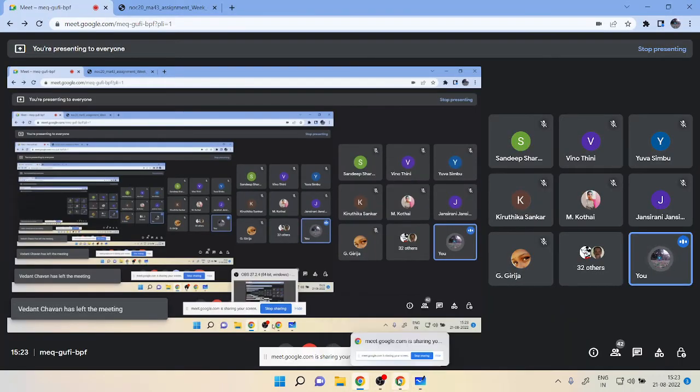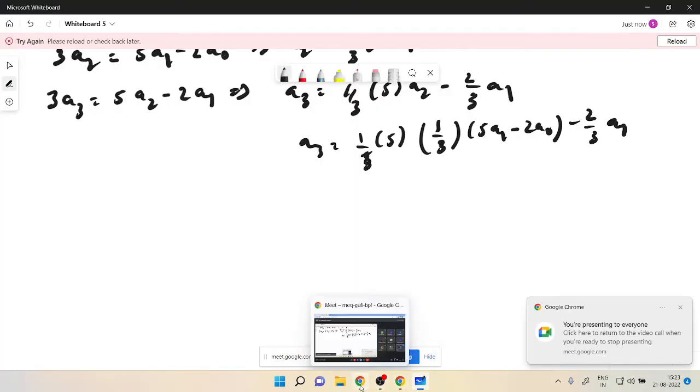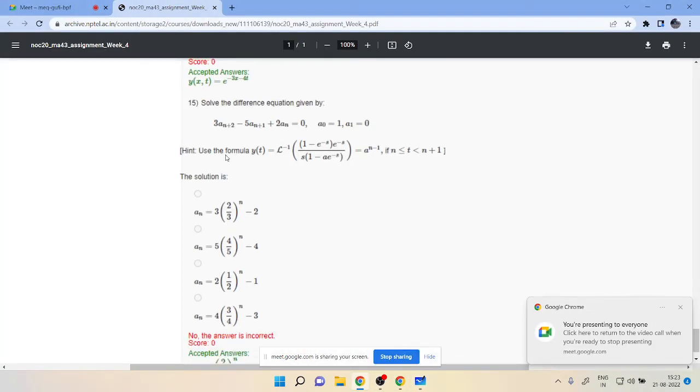I have actually been told not to give the direct solution, so it would be helpful if one of you tried. If it were an MCQ, you could have substituted the options. Substituting a1 with 3 times 2 by 3 minus 2, this doesn't work. So only this one will work.